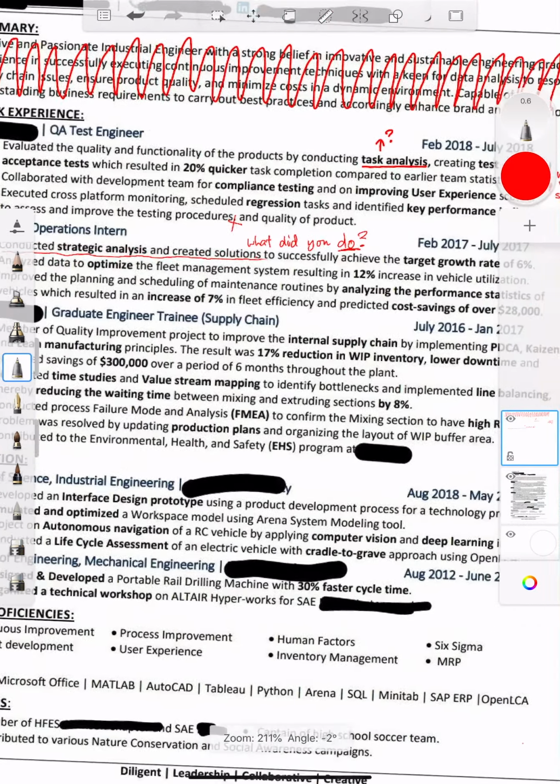What data? To optimize the fleet management system, resulting in a 12% increase in vehicle utilization. Strange use of bold. Obviously, the previous bolded target growth rate of 6%, but in this one, they only bolded the number and not the increase in vehicle utilization.